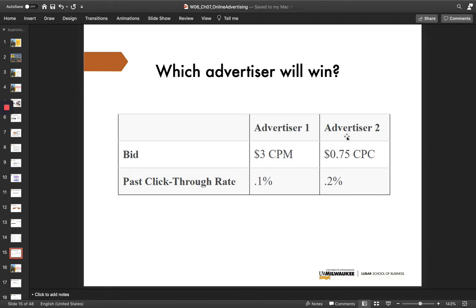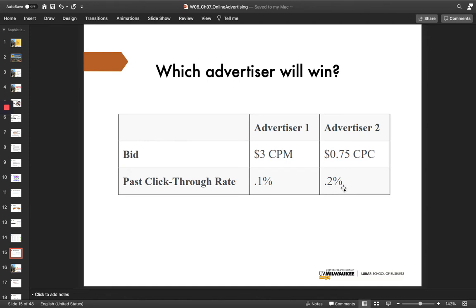And for the second advertiser, we know that the CPC is $0.75, and the click-through rate is 0.2%.